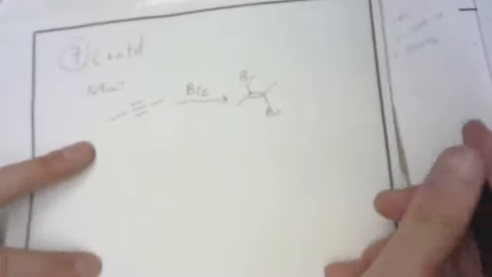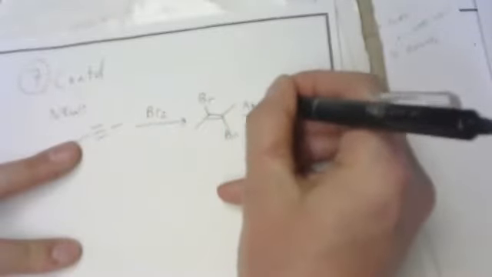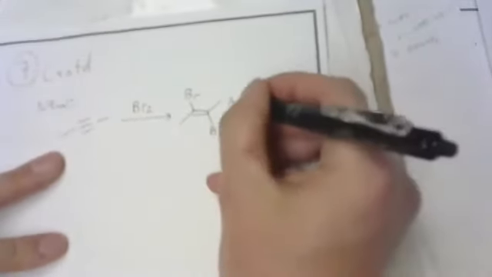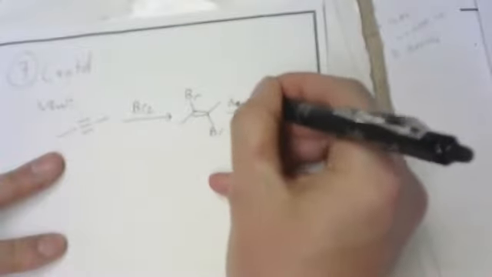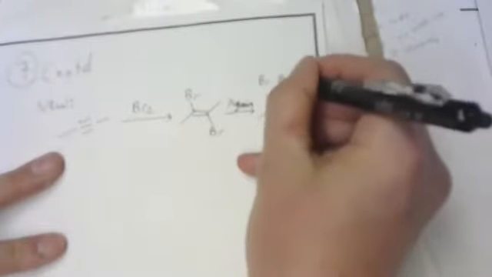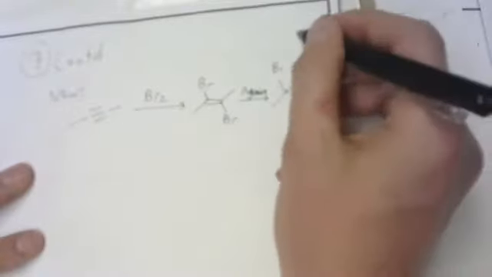You first get an addition product where you've added one Br2, and then it does it again. So then your final product has 4 bromines. Isn't that weird? It attaches once, it attaches twice. That's your final product.